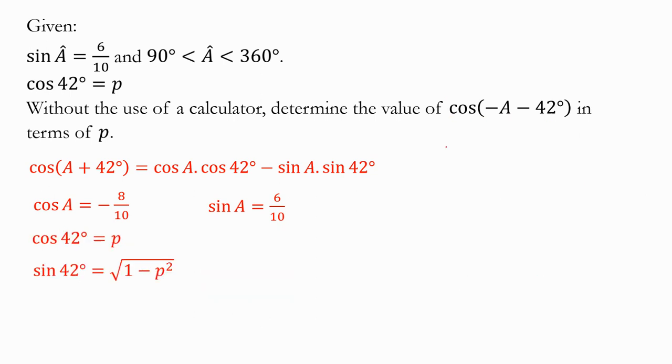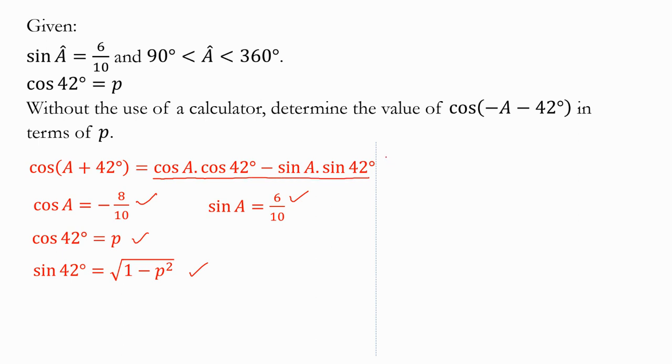Let's just do that. We have our cos A, sine A, cos 42, sine 42. Now let's simplify. We substitute into this.